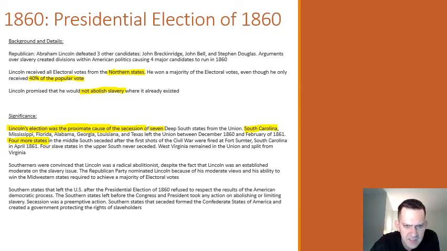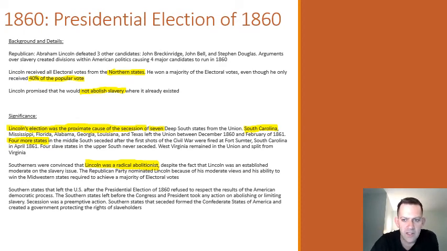Okay, next. The South believed that Lincoln was a radical. Even though Lincoln said it over and over again, I am not a radical, I will not touch your slaves, the South simply didn't believe him. Personally, I think that the main reason why the South should be viewed so negatively is because the South did not respect the results of the presidential election of 1860.